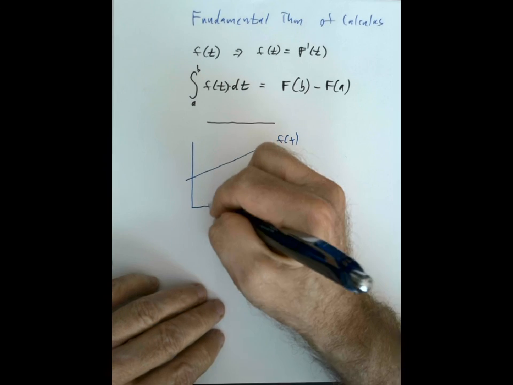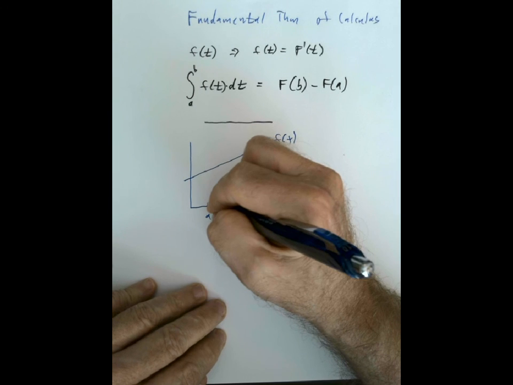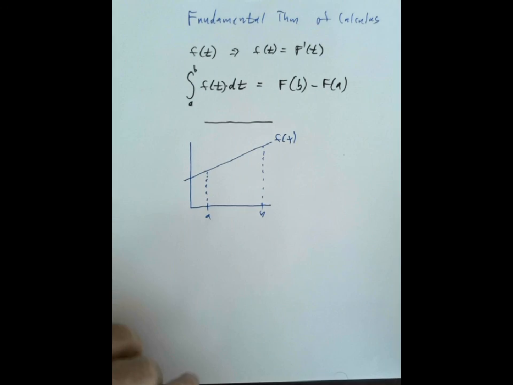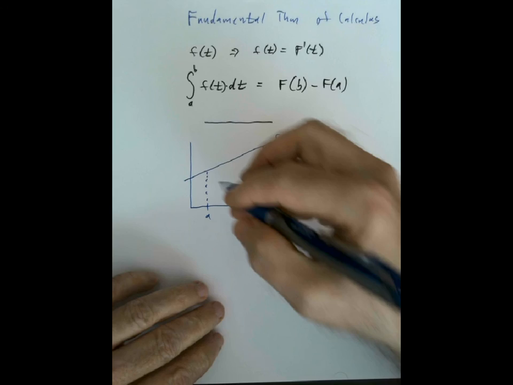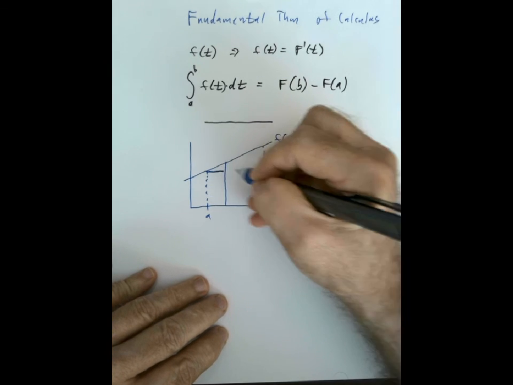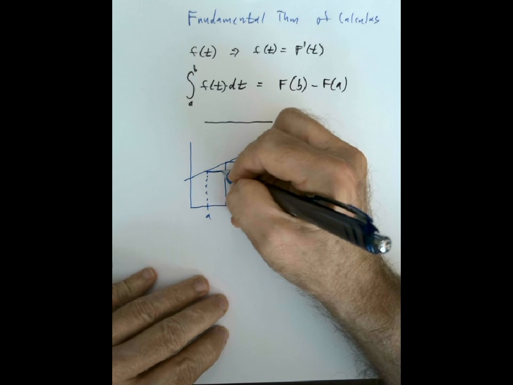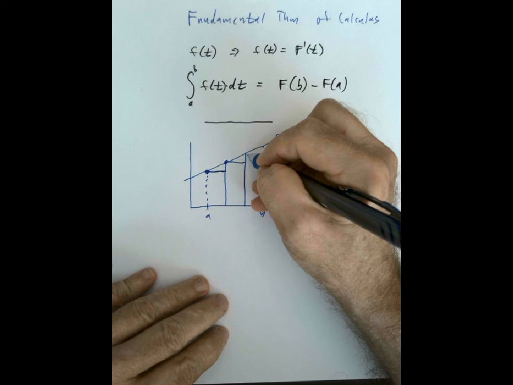Let's say we want to think about the area under this curve from A to B. Now what we've been doing is dividing it up into rectangles, right?